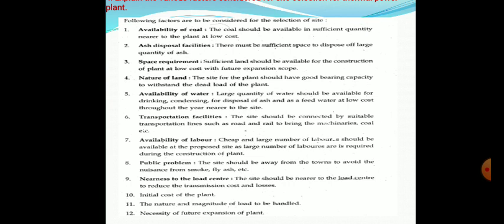The site should be nearer to the load center to reduce the transmission cost and losses. Initial cost of the plant. The nature and magnitude of the plant to be handled. Necessity of future expansion of plant.